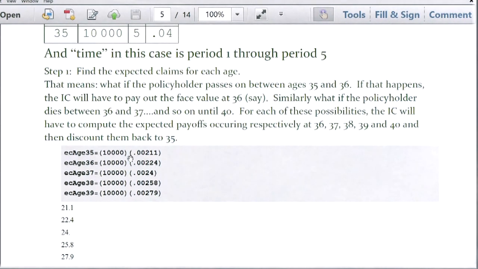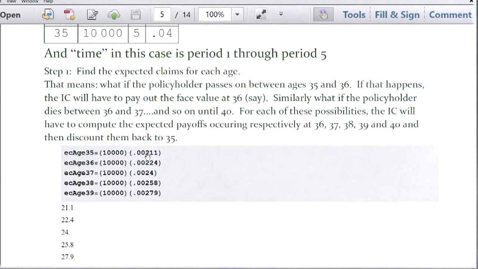And that's exactly what we do in this case. We simply calculate the expected claims at 36, 37, 38, 39, and 40 by multiplying the face value by the probability. Expected claims is nothing but the likelihood of something happening, multiplied by the dollar amount involved. It's a future expectation.